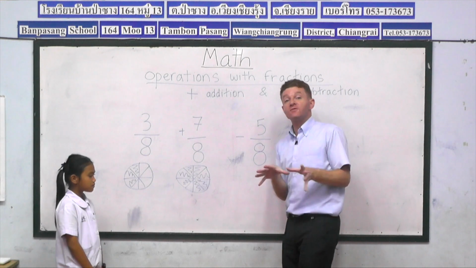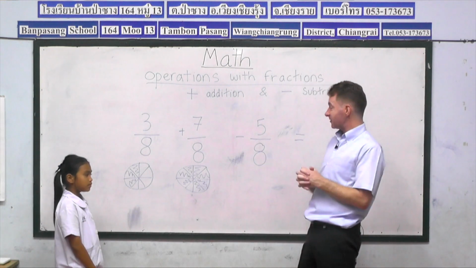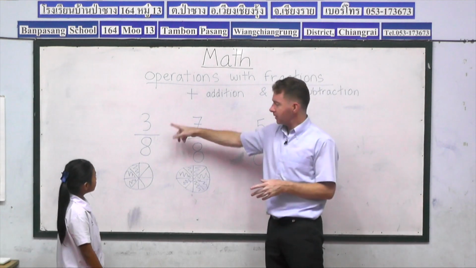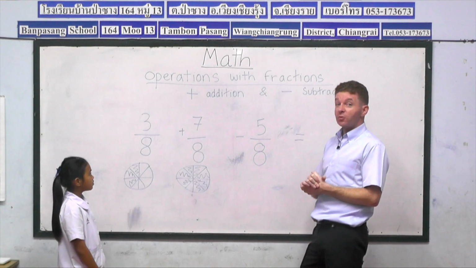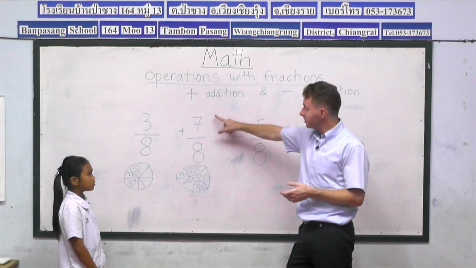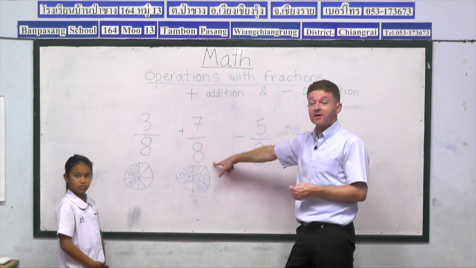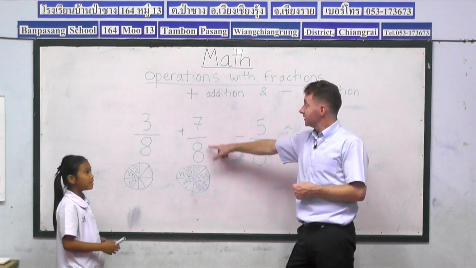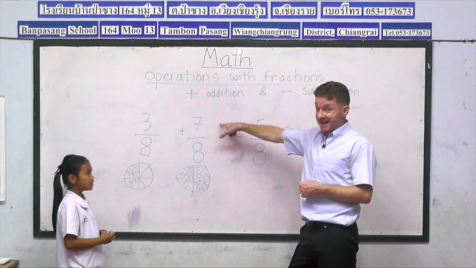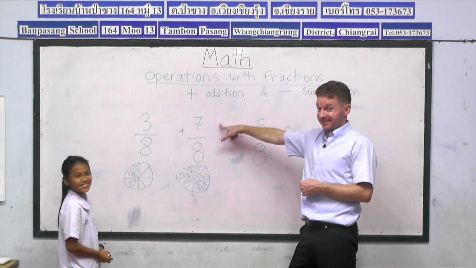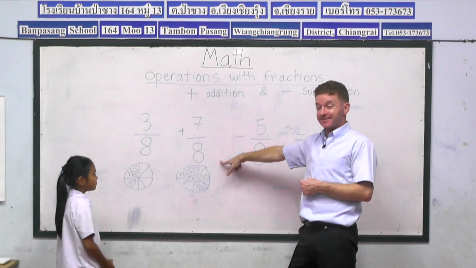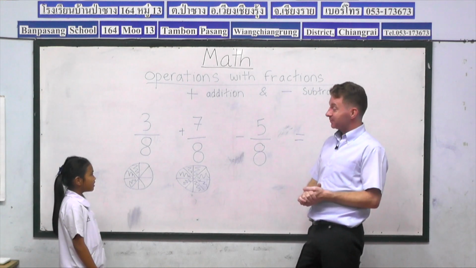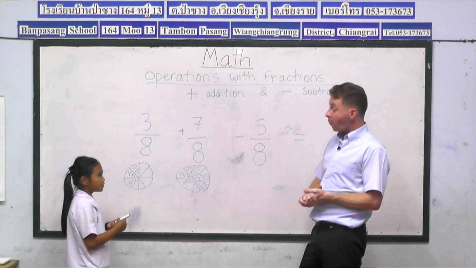So what we need to do is we need to add these two fractions together first. 3 plus 7 equals 10. Not 9, 10. If we have a numerator larger than a denominator, it's still more than 8. So what do we need, guys? One more circle.